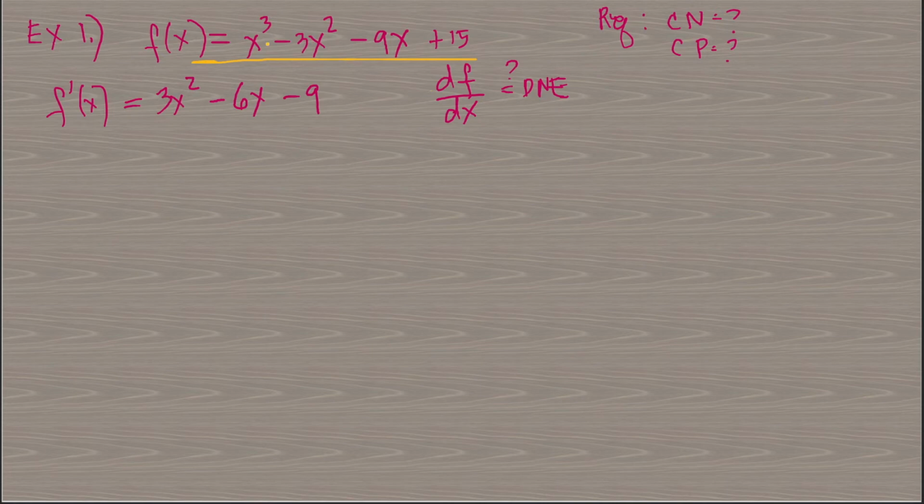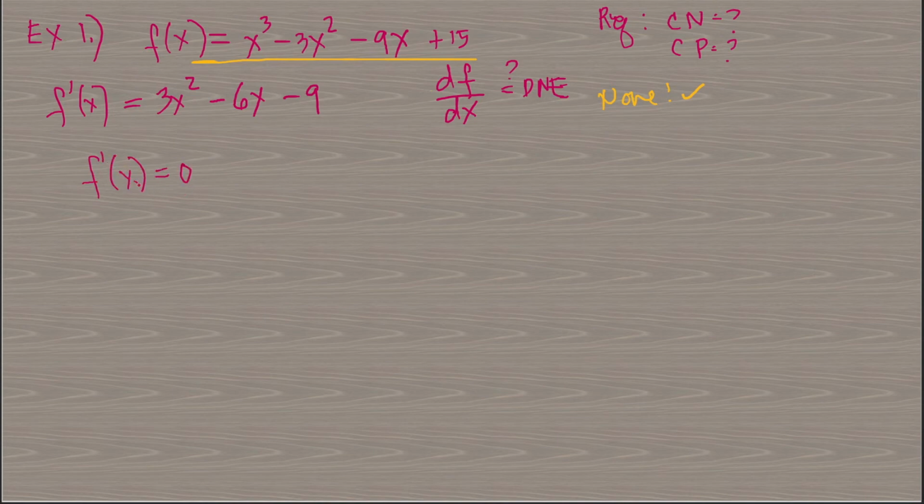This is a cubic function, a polynomial function, and we all know in advanced algebra that for any polynomial function the domain will be all real numbers. So in other words, there is no possibility that our function will have a derivative that does not exist. So, none.